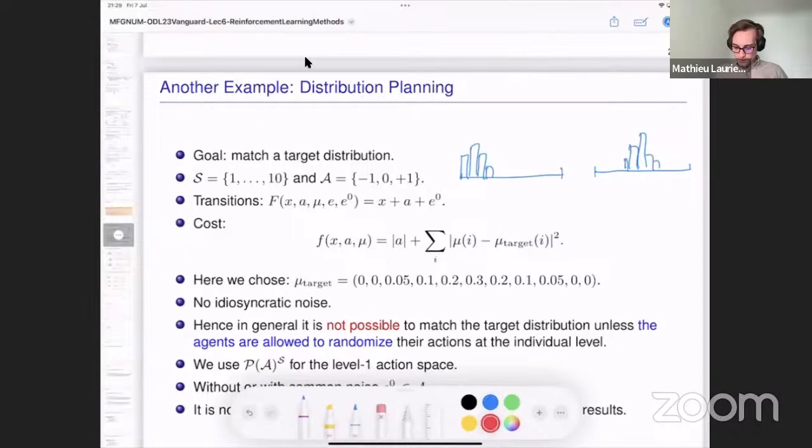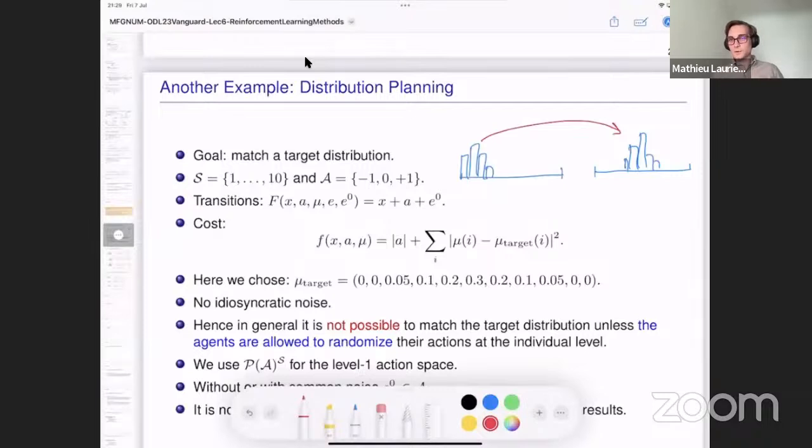And your goal is to transport this initial distribution to match the terminal distribution. So it's not going to be, strictly speaking, an optimal transport problem because there is no hard constraint to satisfy this terminal condition, but there is a cost if you don't satisfy it. So your goal as a central planner is to find how to move the particles or the robots so that the final distribution matches the target distribution.